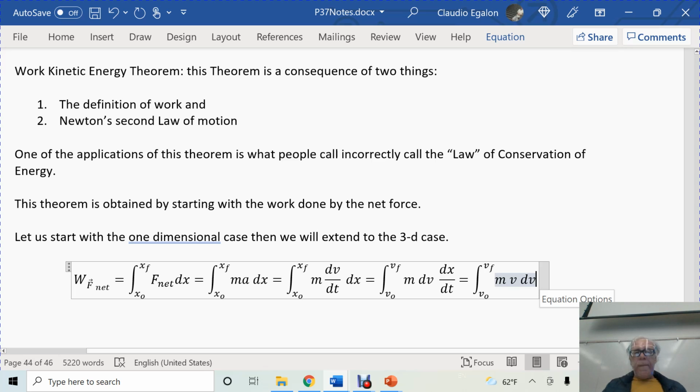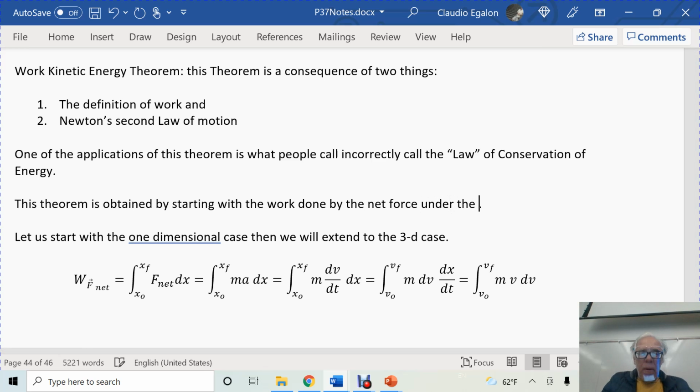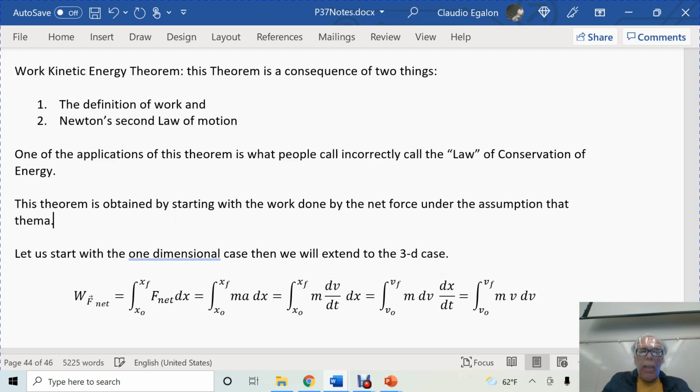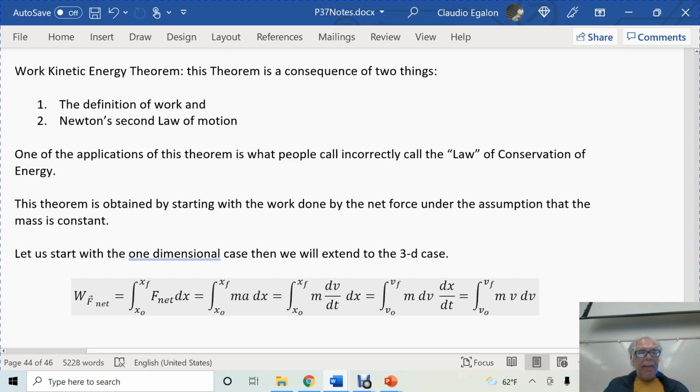Oh, well, there's one more thing you gotta do, right? The mass is constant. I'm assuming that the mass is constant. Okay, here you go. I should have put the mass outside the integrand since the very beginning, right? Let's do that here, because the mass is constant.